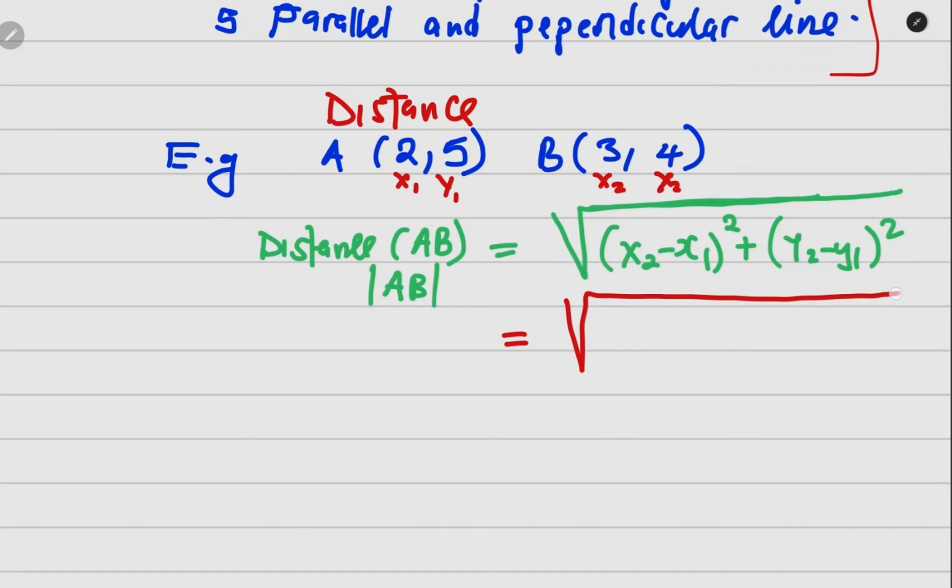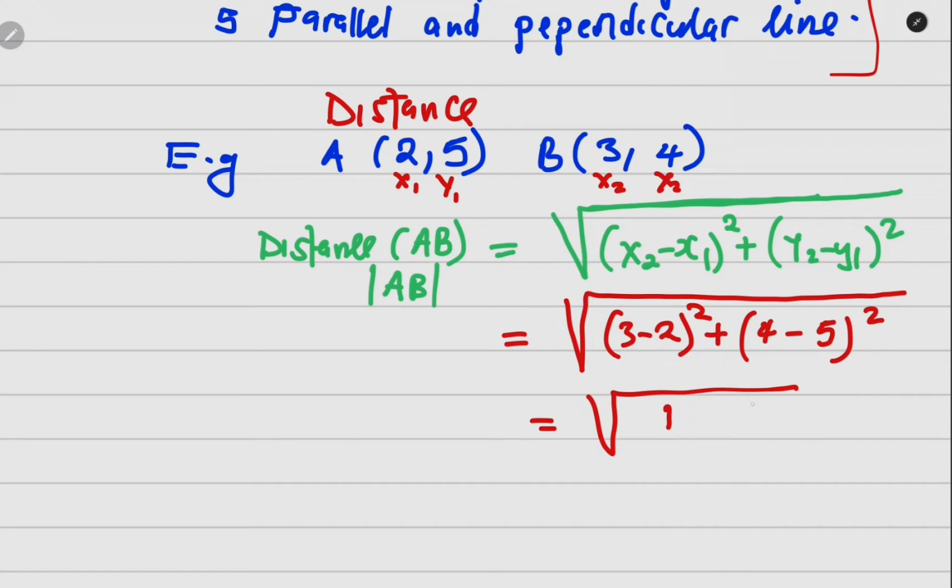We put everything under the square root: x2, which is 3, minus x1, which is 2, squared, plus y2, which is 4, minus y1, which is 5, squared. Here, 3 minus 2 is 1, and 1 squared is just 1.